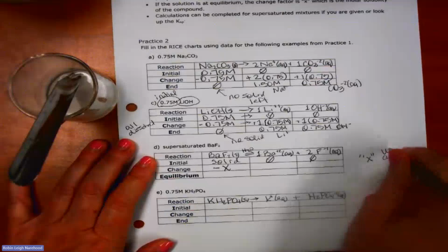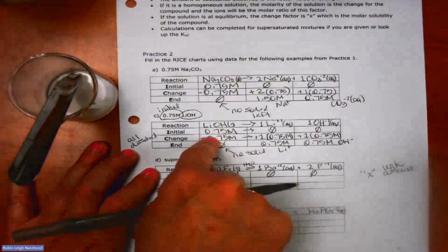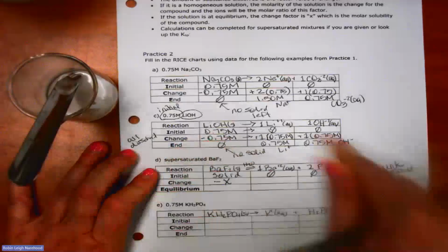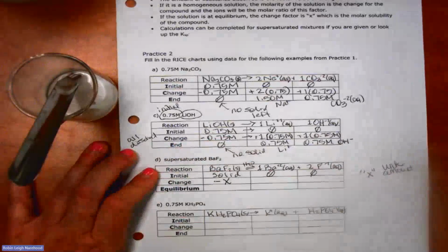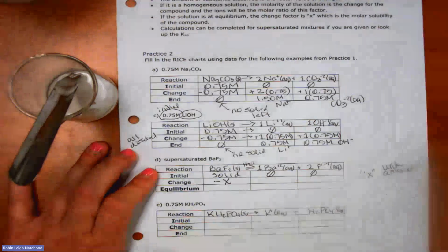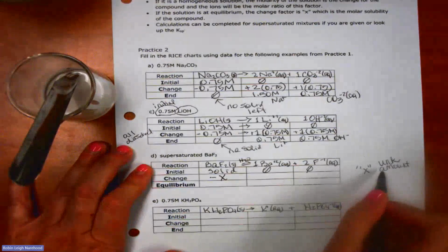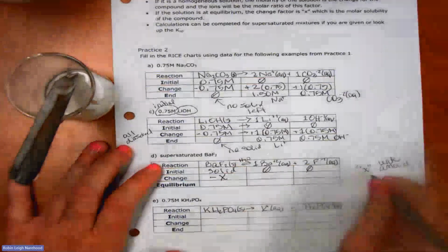It's going to be an unknown. If you know it, like here, you put a number. If you don't know it, you put X, just in a regular ICE chart. If you don't know, it'll be the change that you don't know. Okay, so X is going to be our unknown amount that dissolves.